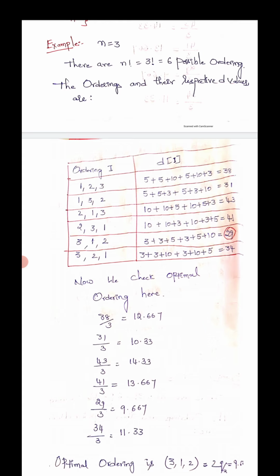Now if we add first length plus second length, that is 5 plus 10, plus the third length, look at this, 5 plus 10 plus 3, that will be 38.